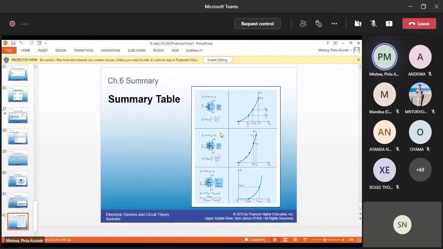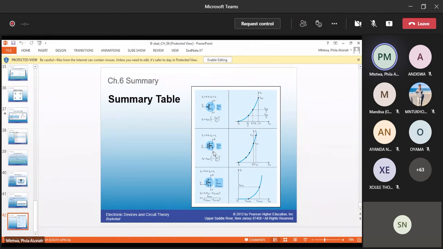As I've highlighted, you need to know the structure of each one, be it a JFET or an enhancement mode MOSFET in its block form, and be able to bias it, biasing meaning connecting the external battery for it to operate. Just that, and identify its symbols.